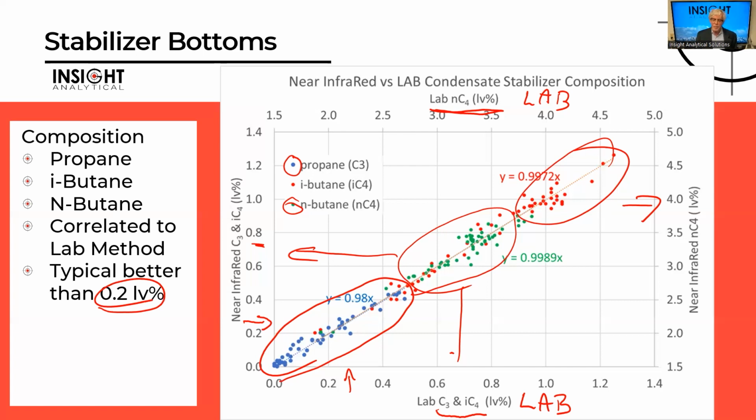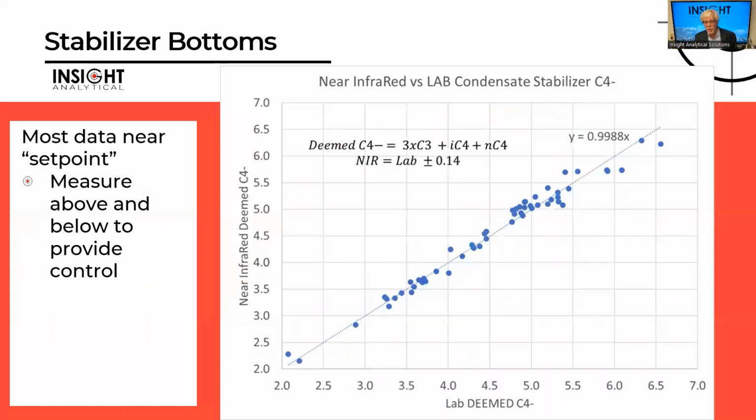So now, these are the individual components. The thing that we get penalized on is DMC4. So here's a typical set of DMC4 results. The plant wants to run right around here, 5%. And so usually when we're setting the analyzer up, we purposely have them run off spec somewhat.